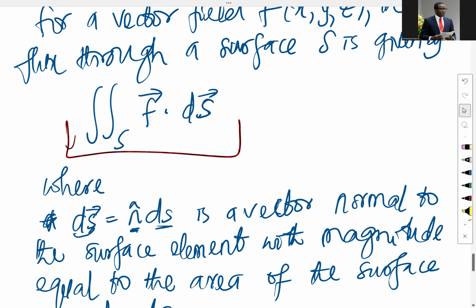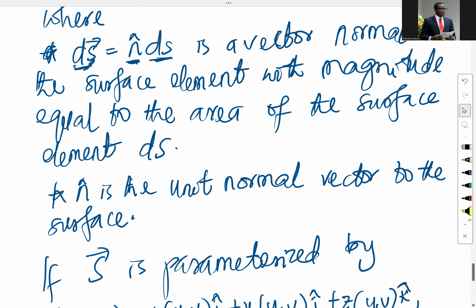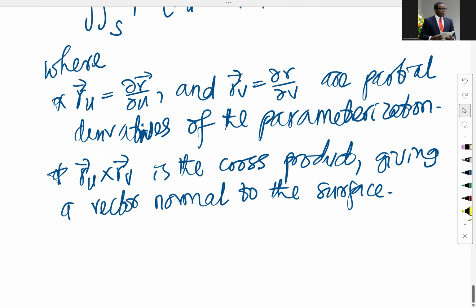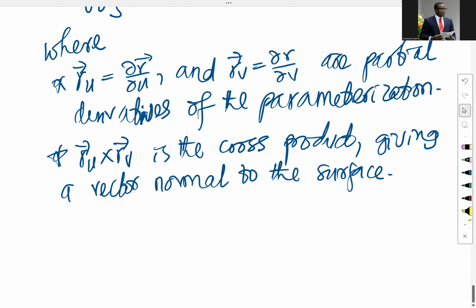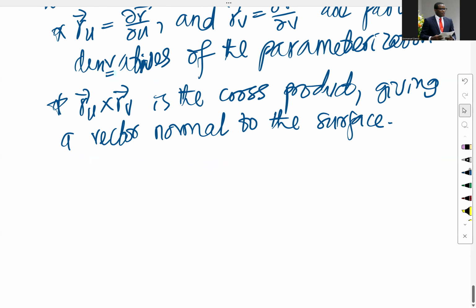Now, see this here, that this is actually dS, which is a vector thing. But if you break it down, you have the vector normal to the surface multiplied by just dS. That is not the vector. Now, that is the surface element, some kind of scalar, because you have the n cap, which makes it a vector when you multiply that. All right.